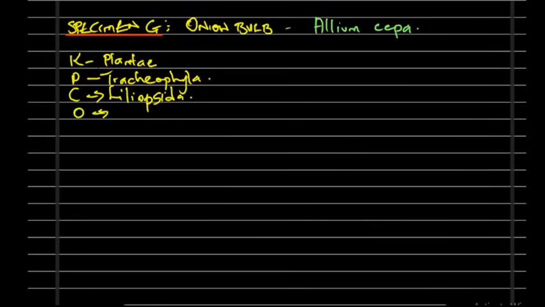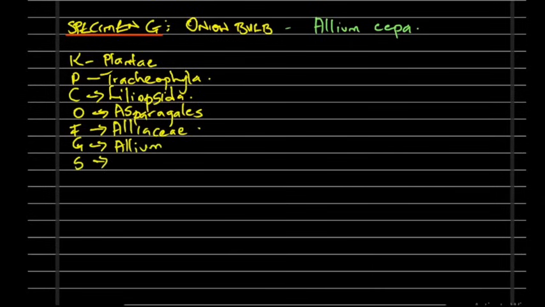The order for Allium cepa is Asparagales. Then we have the family. The family is Alliaceae. Then the genus is Allium. And then the species is cepa. So that is about the classification or the taxonomy of the onion bulb.